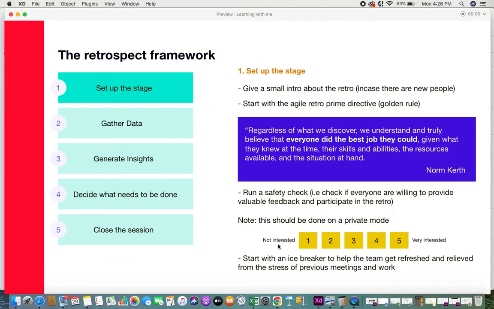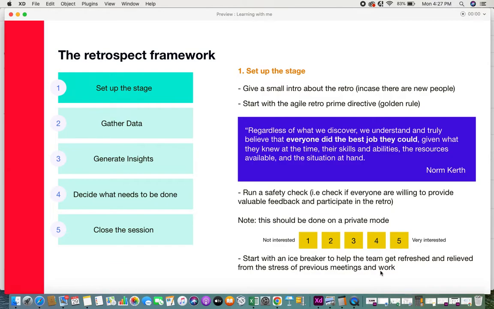The last one is start with an icebreaker to help the team get refreshed and relieved from the stress of previous meetings and work. Sometimes this retro can happen any part of the day. It doesn't mean it should always be the first thing that happens during the day. It can be in the afternoon, or even when you're wrapping up the day in the evening.